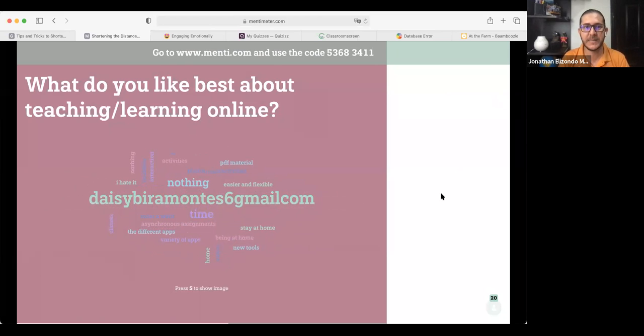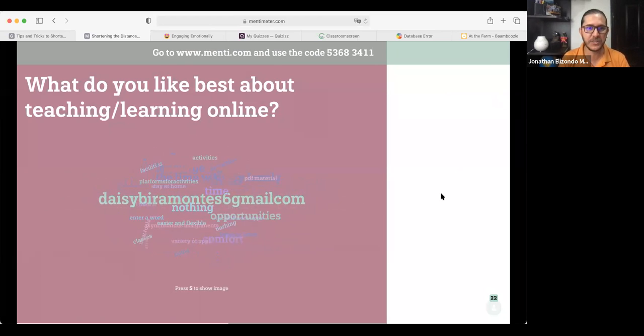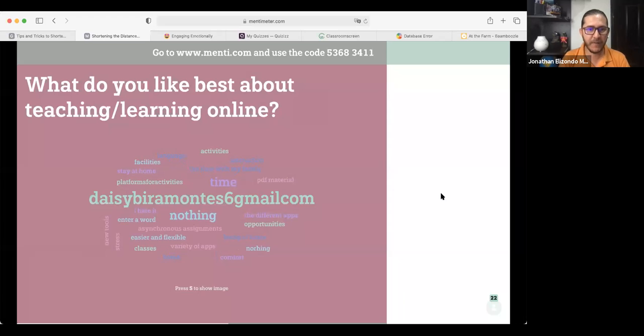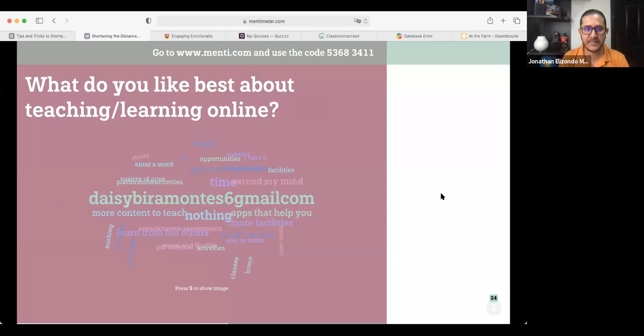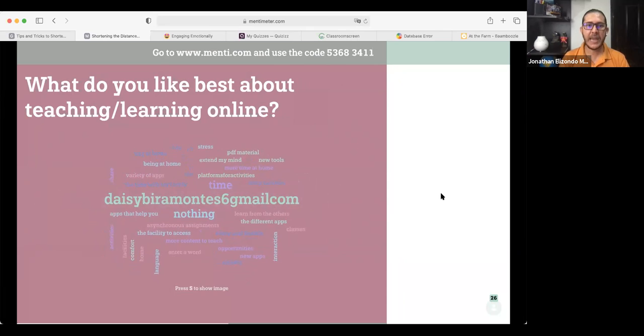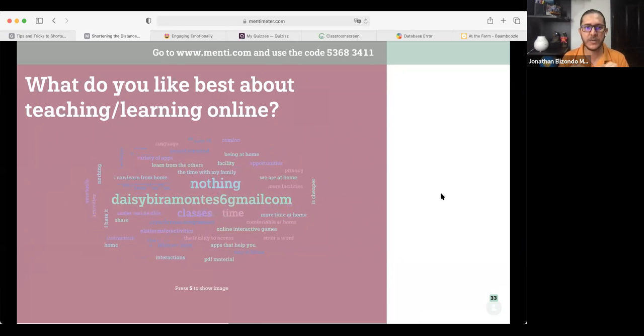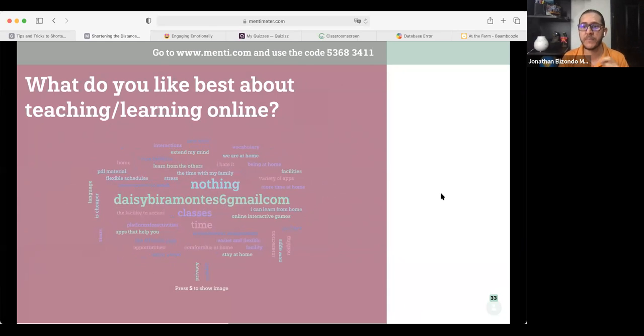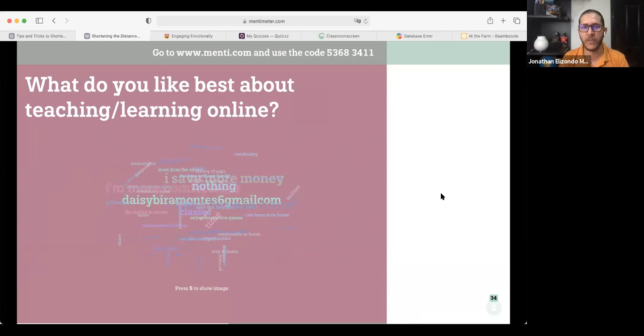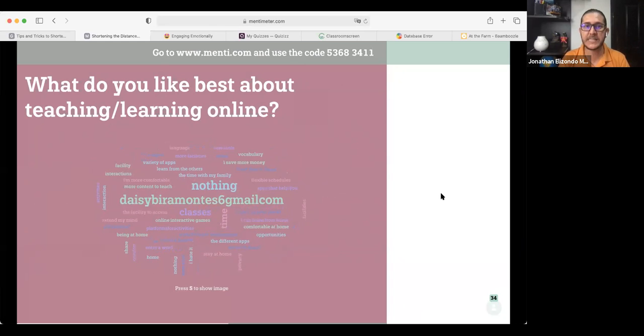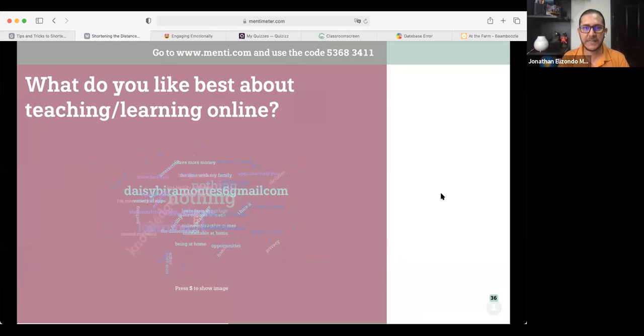Platforms for activities, PDF materials, activities, interaction, variety of apps, classes. Okay. And if you see any of the words that is a little bigger, except for the one that has an email address, if you see some words that are bigger, it's probably because people are repeating those a little bit more than the others, okay? Vocabulary, I save more money.